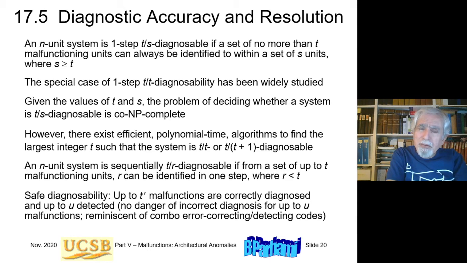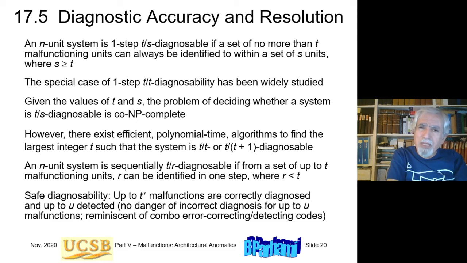So if we are willing to allow less accuracy, in other words, we say we want to have two-diagnosability, but we are willing to identify three modules that include both of the bad modules. If that's acceptable, then it's easier.